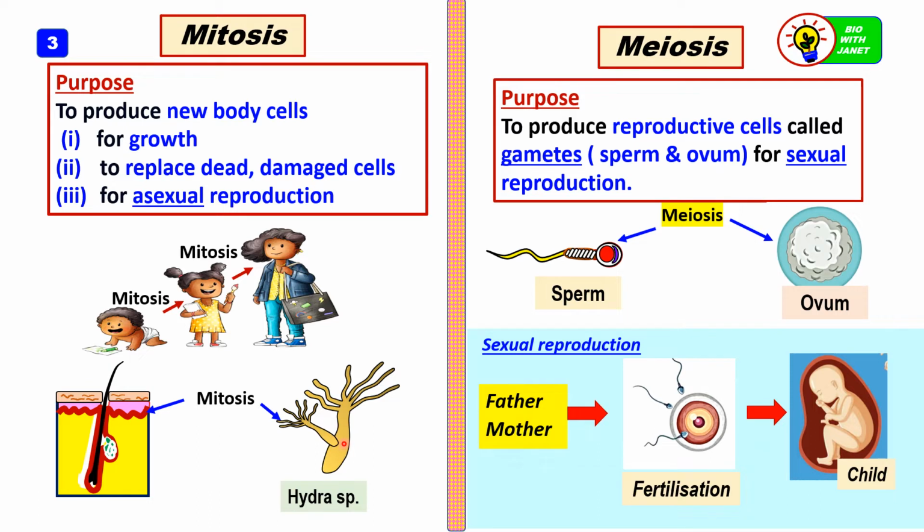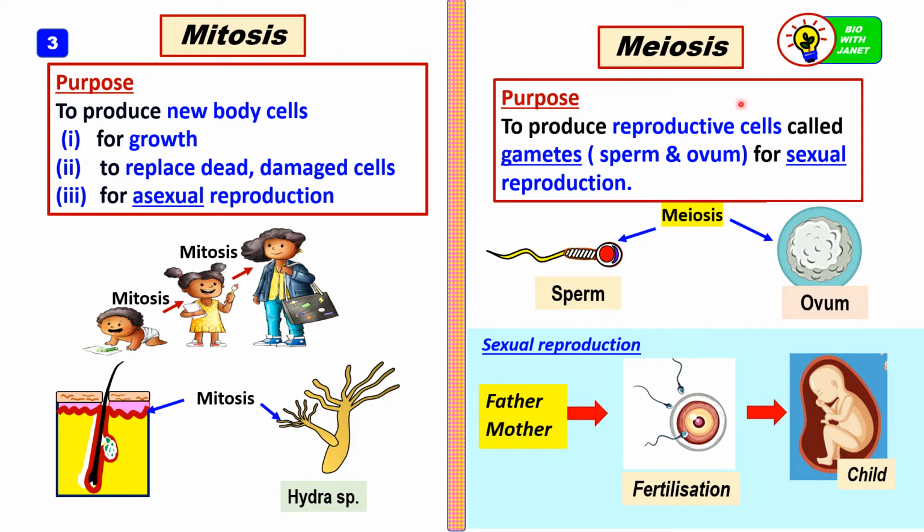Only one parent is involved to produce the offspring, and there are no gametes involved and no fertilization is involved, right? So this is a form of asexual reproduction, and the young organism that is formed is genetically like the parent.